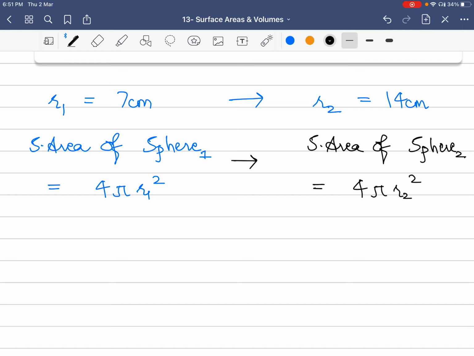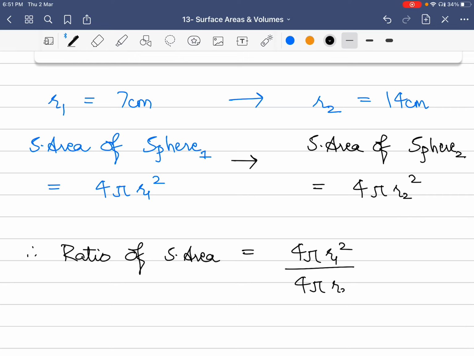So 4 pi r1 square and 4 pi r2 square are the surface areas of both these spheres, and now we are supposed to take the ratio. Therefore the ratio of surface areas will be equal to 4 pi r1 square divided by 4 pi r2 square. Now you can clearly see that 4 pi is common in both numerator and denominator, so they will cancel each other out.